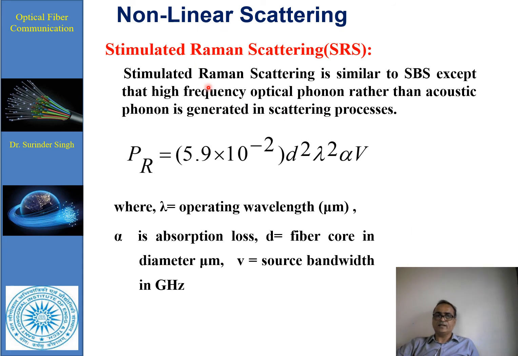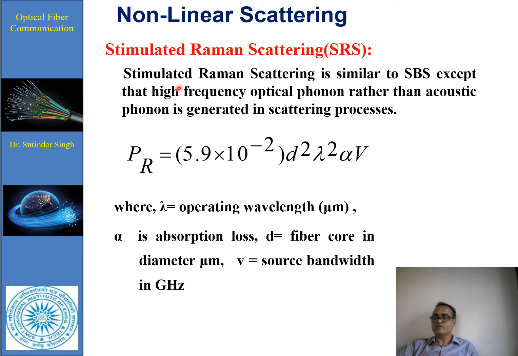There is another kind of scattering called stimulated Raman scattering. It is similar to SBS, except that here high frequency optical phonons are produced instead of acoustic phonons, which are generated in the scattering process.